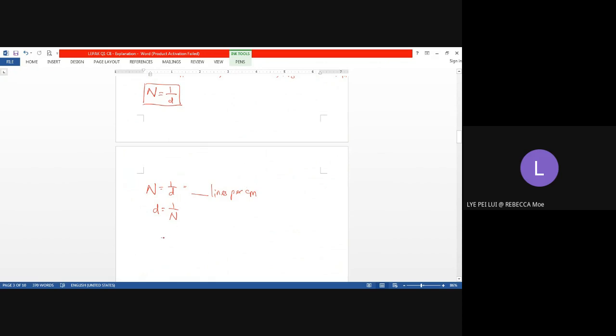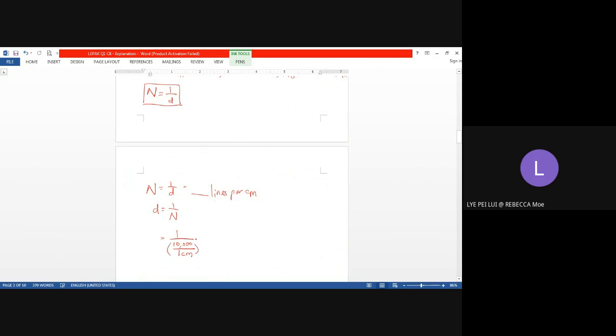So substitute in here: because it's 10,000 lines per centimeter, I put 10,000 over 1 cm.